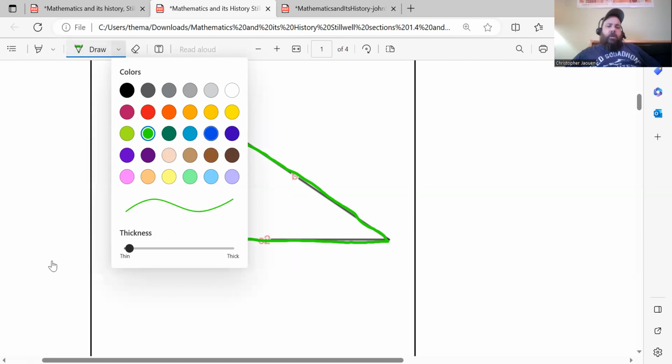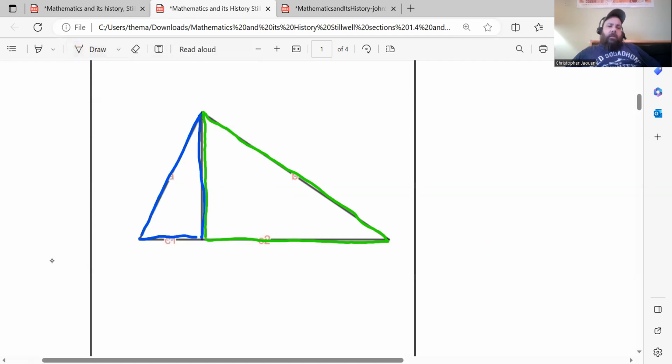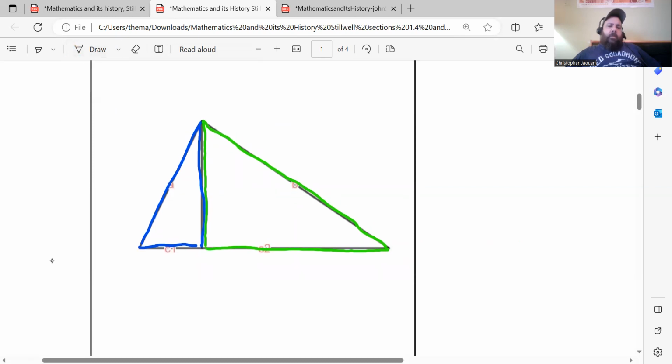Maybe I'll do it in purple or orange. And both of those are similar to this larger triangle here. And just so we have names for everything, this is how we're labeling the sides.